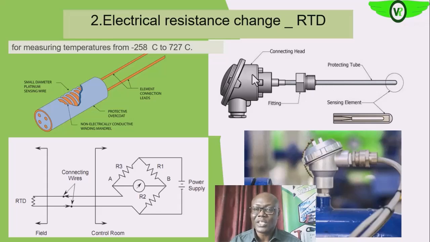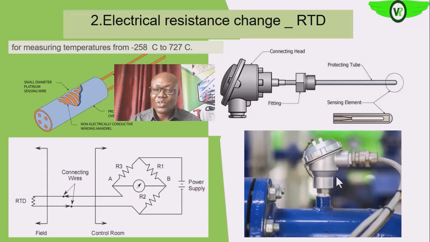Since it is connected to the Wheatstone bridge that is here, that imbalance will cause the generation of voltage, and that voltage will be sent to the transmitter for amplification, or sent to your local gauge or to the control room to give us a reading of the temperature in our process.